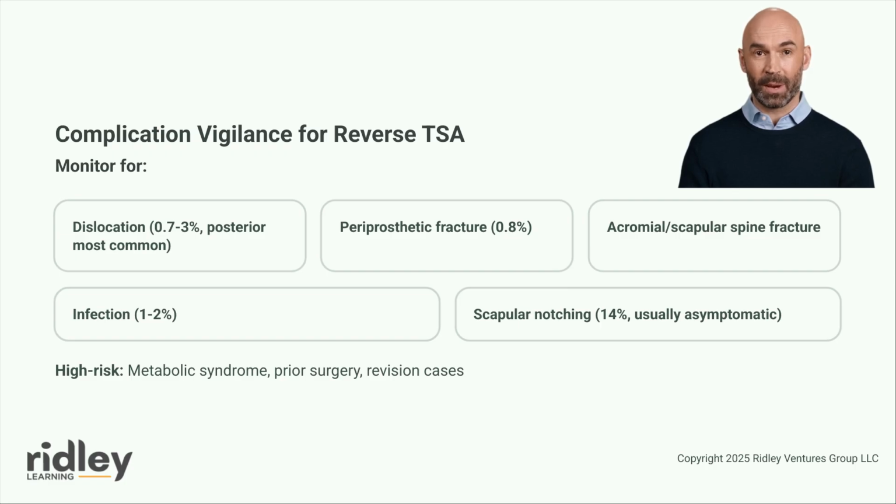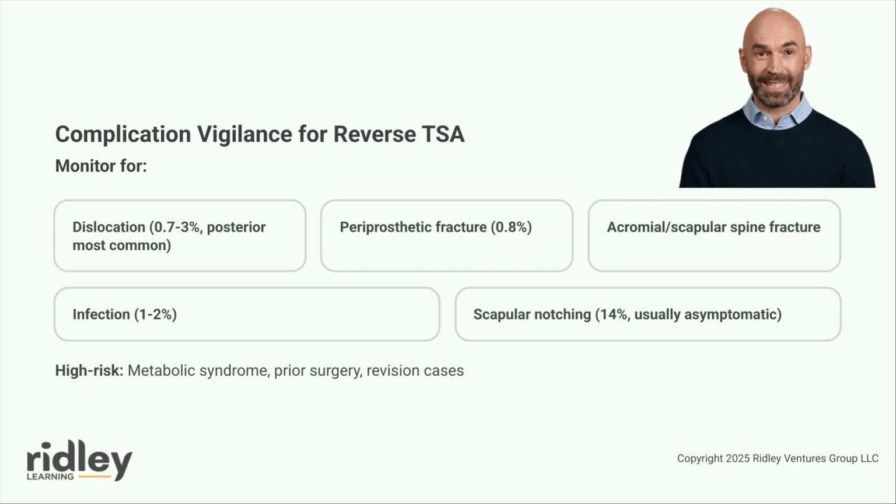Acromial or scapular spine fractures, while uncommon with an incidence of 0.8%, represent a potentially serious complication that can occur secondary to altered stress distribution with the reverse prosthesis or from trauma, such as falls.